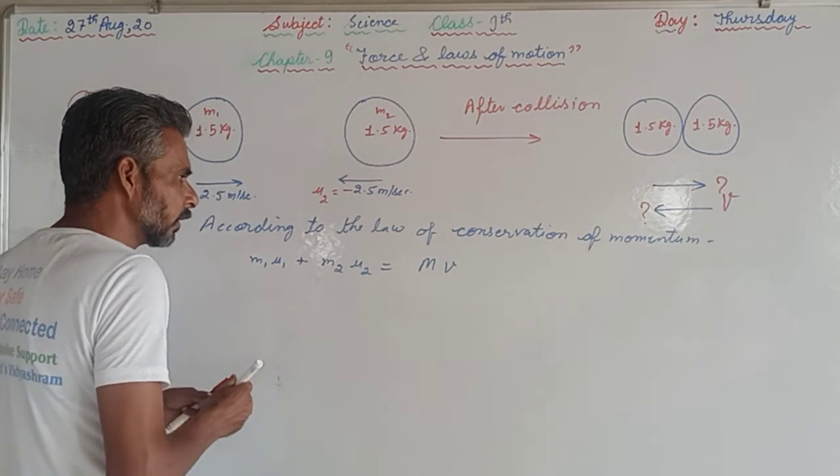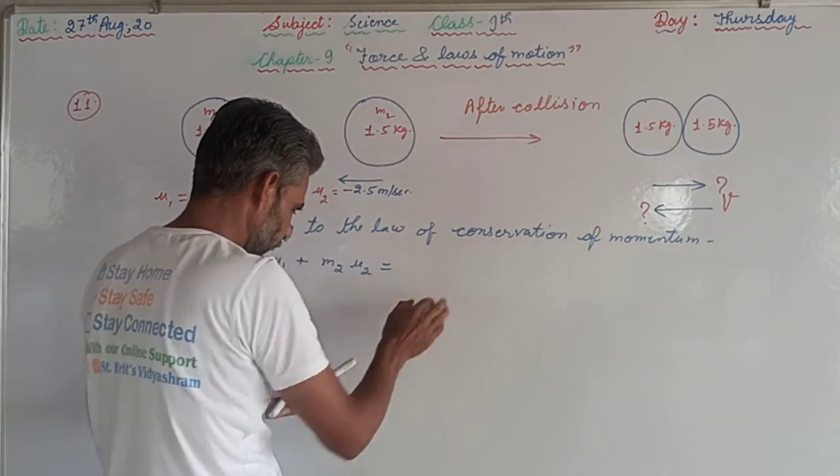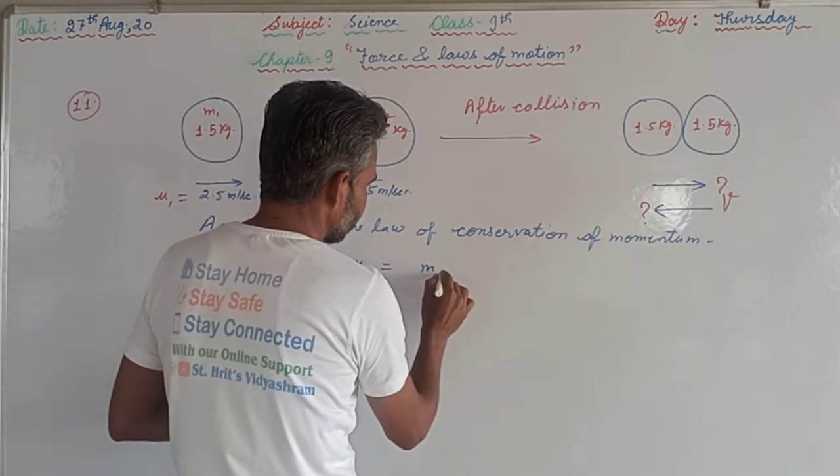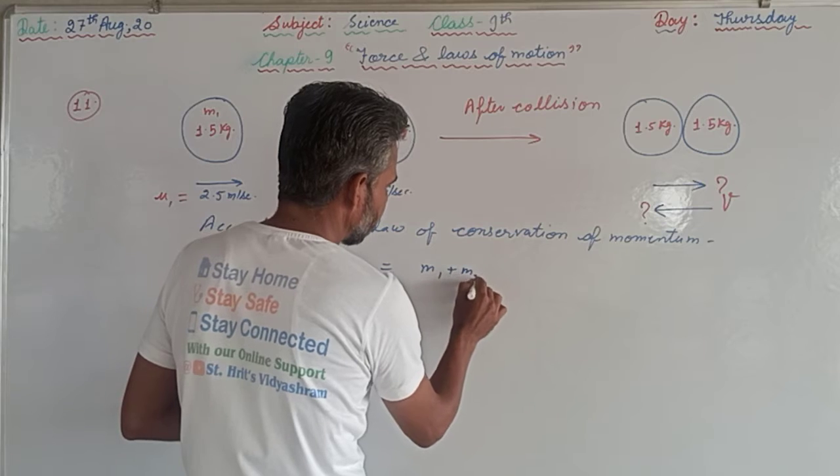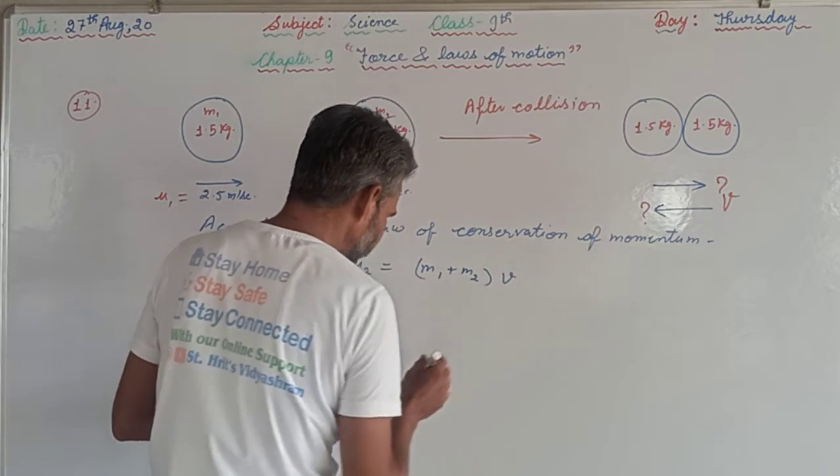Or we can write in the simpler form, m1 plus m2, that is the total mass, into v.